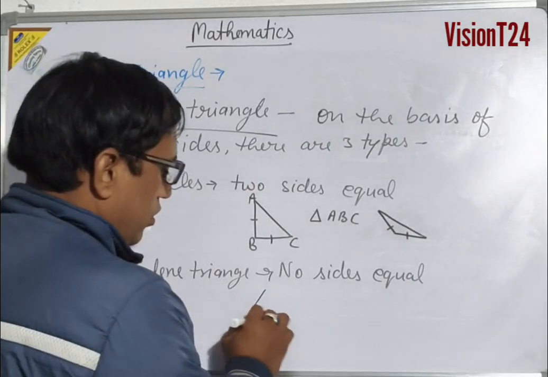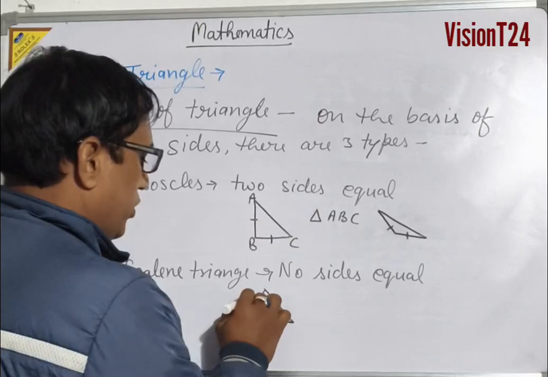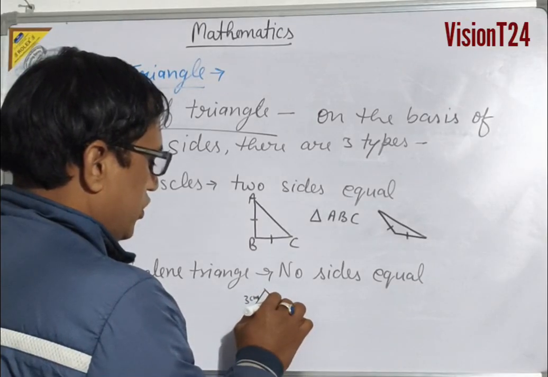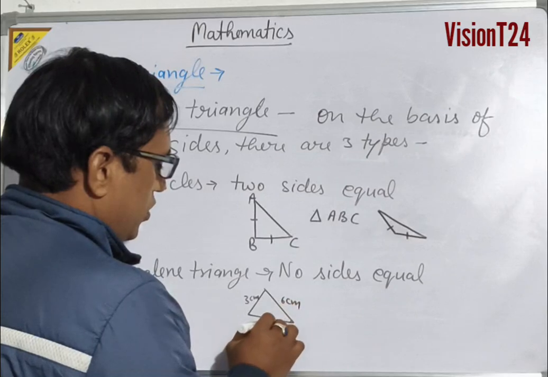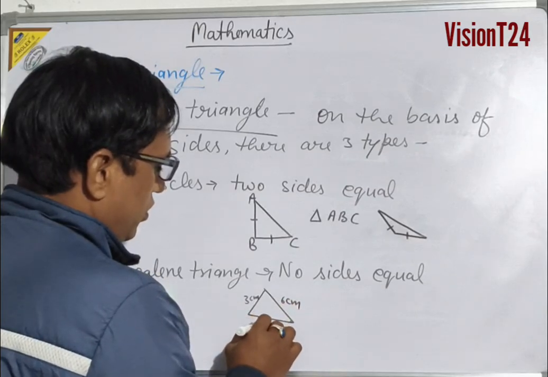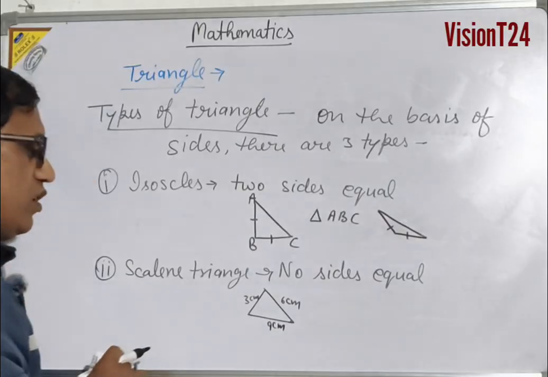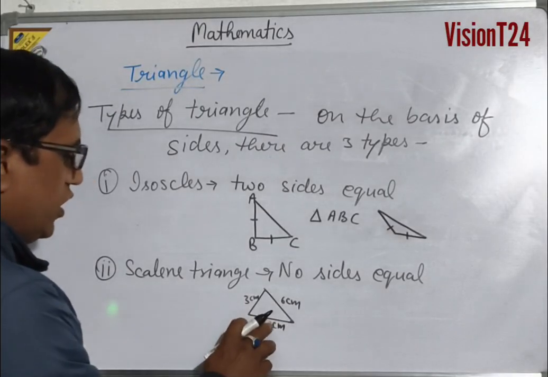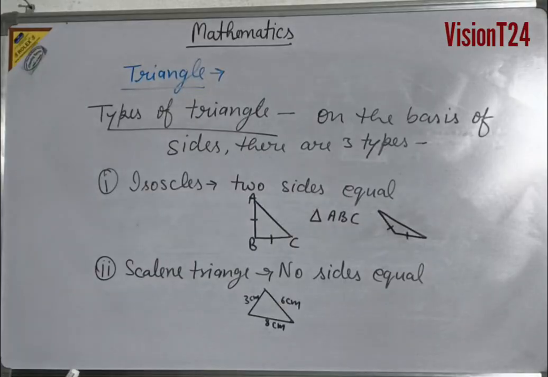Just like suppose this is 3 centimeter, this is 6 centimeter, this one is 9 centimeter. So that will be, yeah, this is 8 centimeter. So this one will be scalene triangle, right?